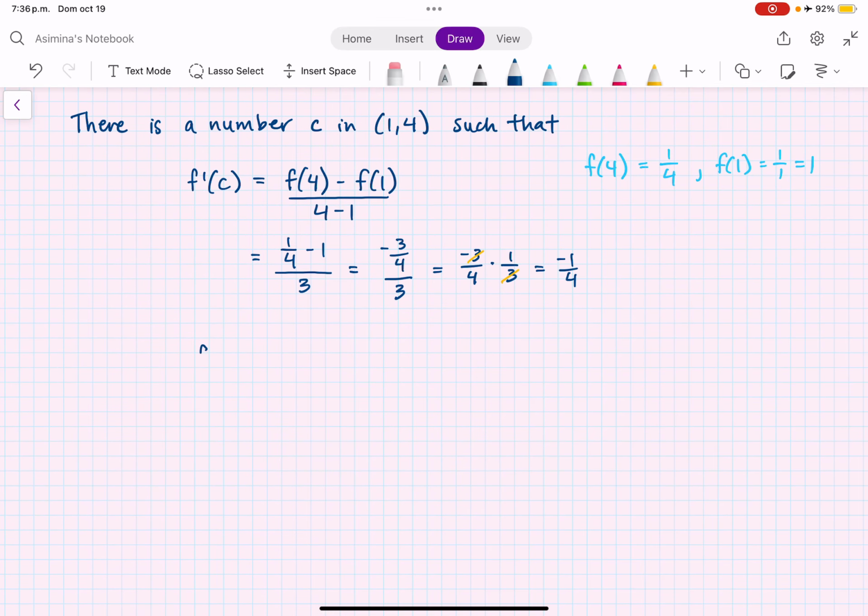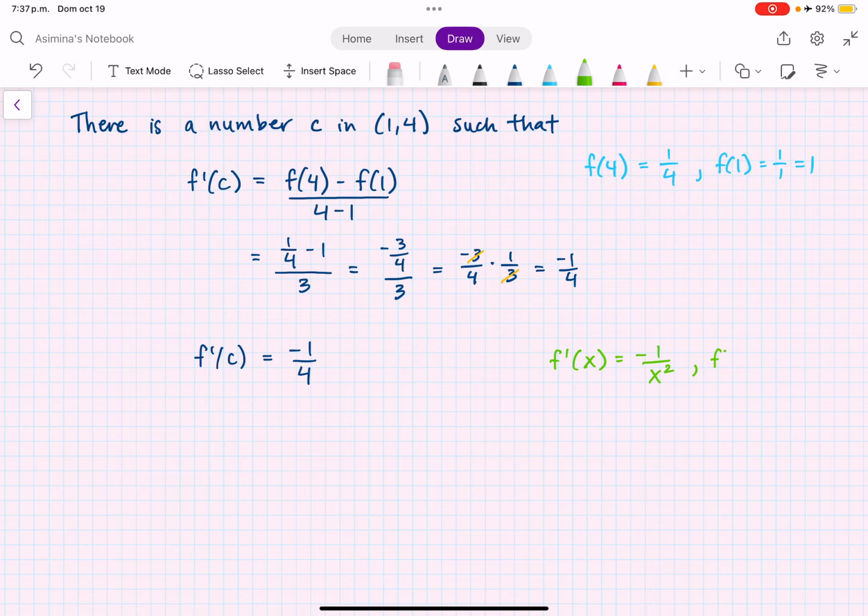So what does this mean? This tells me f prime of c equals minus 1/4. Okay, we're not done yet though, because this just tells me f prime of c equals minus 1/4. It doesn't tell me what values of c I'm looking for. So now what we're going to do is use the derivative. So earlier, above here, we computed that f prime of x is equal to minus 1 over x squared.